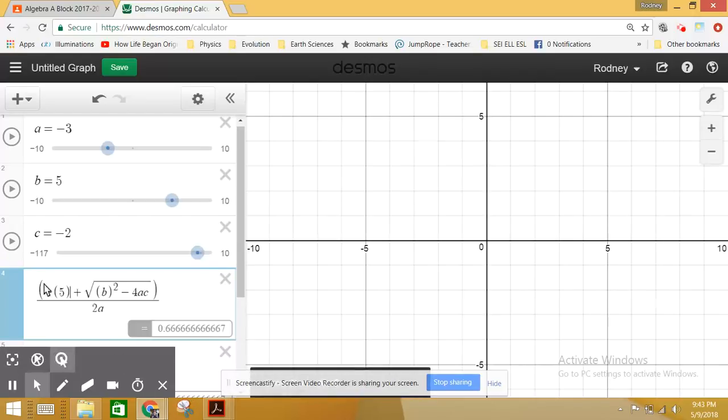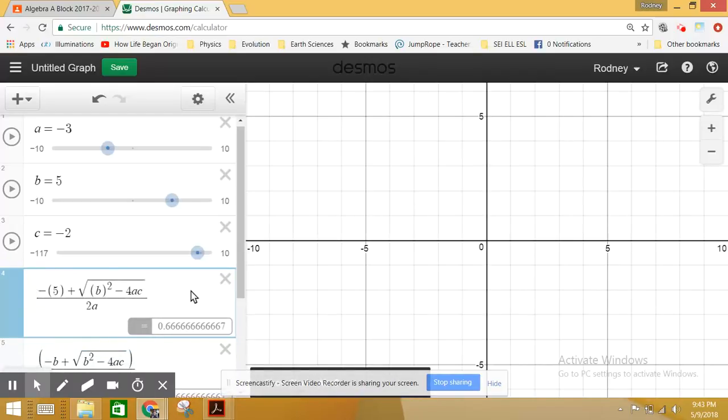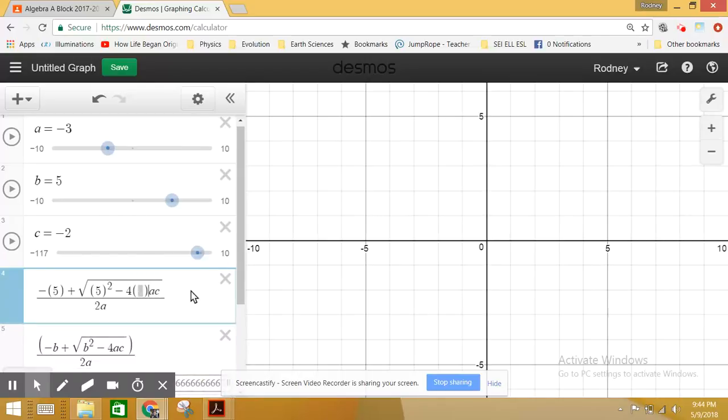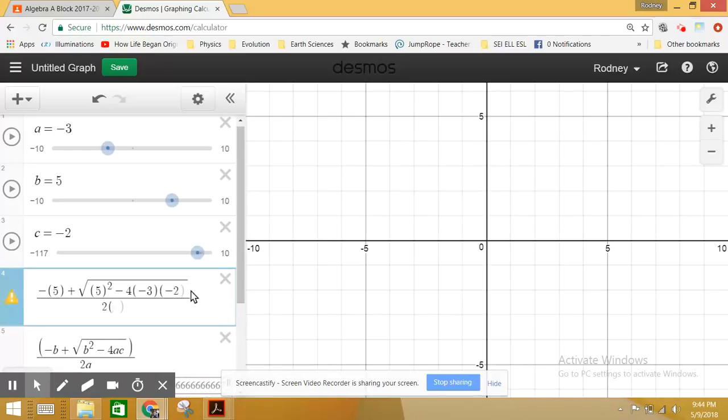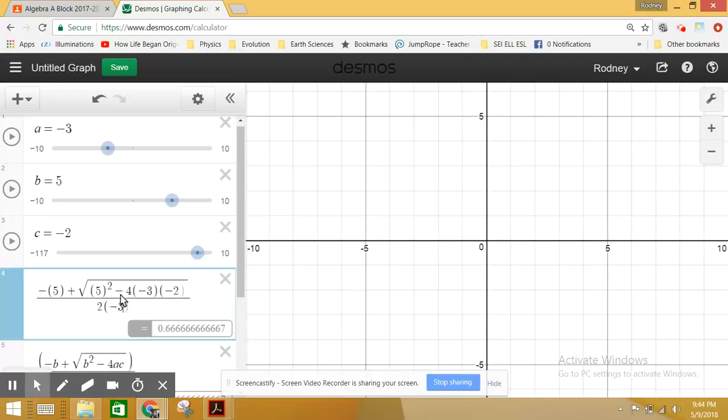So that's B, and that's also B, so I replace it with a 5. Now I need to deal with A. A is negative 3, my lead coefficient. Now I need to replace C with negative 2. And then finally, I replace A with negative 3 because that's my lead coefficient.